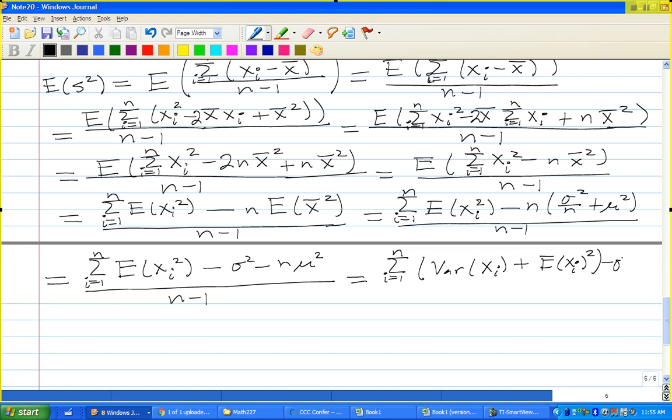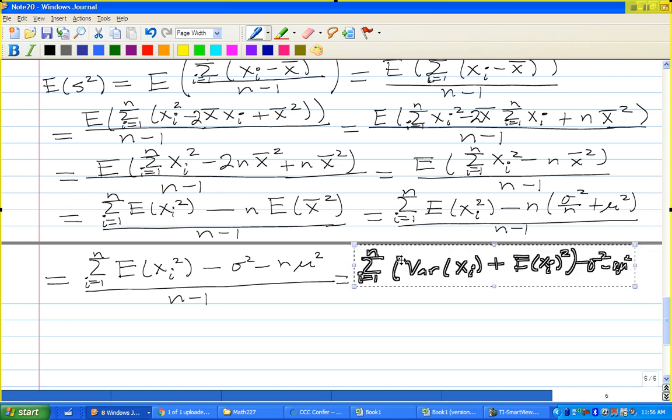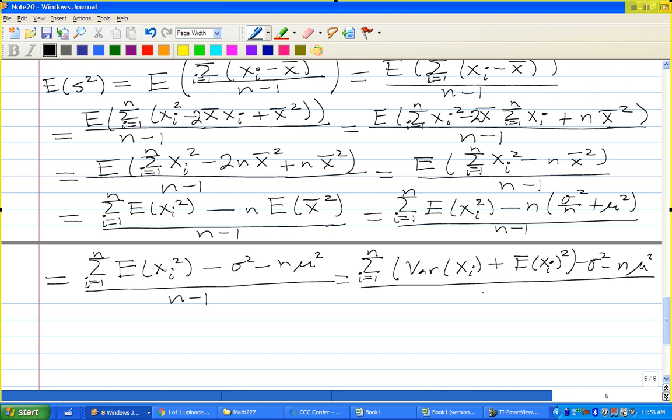Minus these last two things, sigma squared minus n mu squared. Equals, let me move these over so I have enough room to write. Okay. Minus n mu squared all over n minus 1. Okay, good.